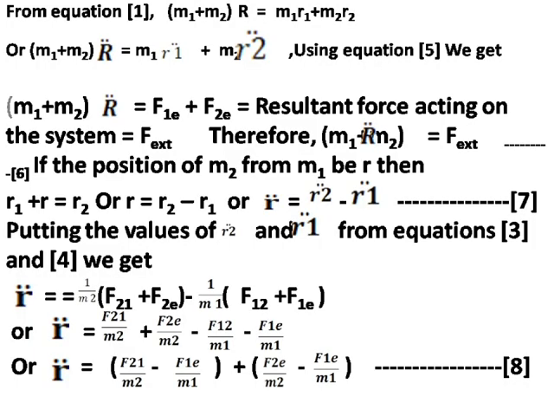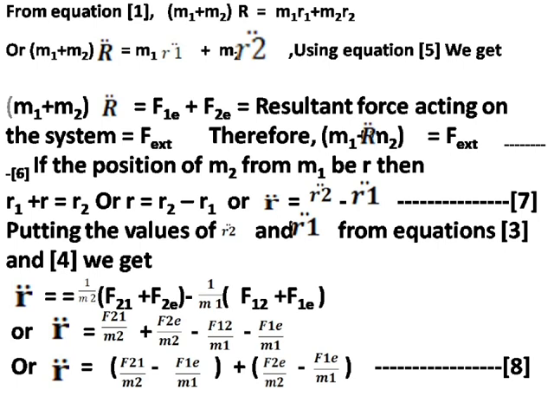From equation 1, (m1 plus m2) into R is equal to m1 r1 plus m2 r2, or (m1 plus m2) into capital R double dot is equal to m1 r1 double dot plus m2 r2 double dot.